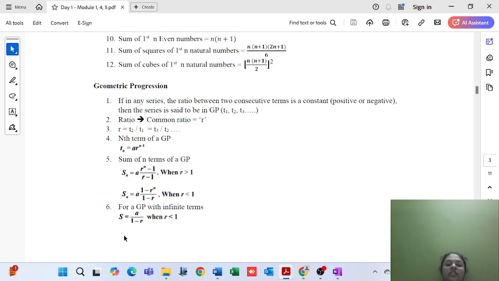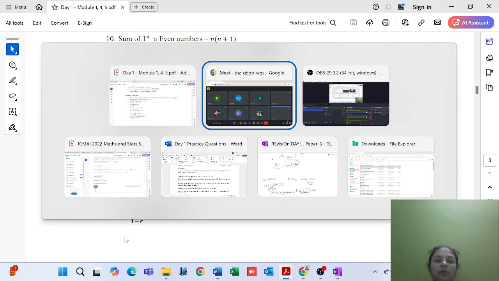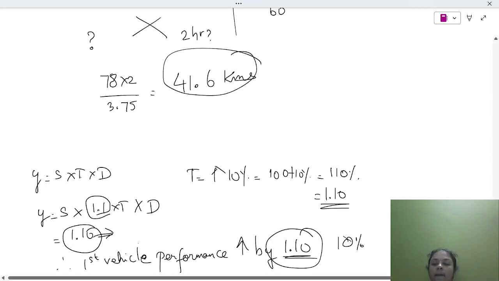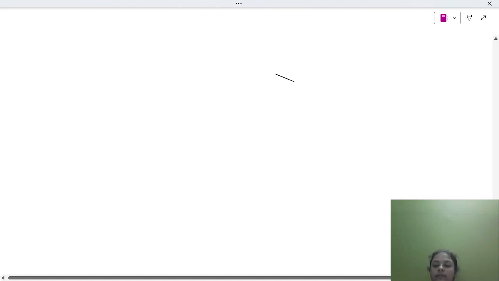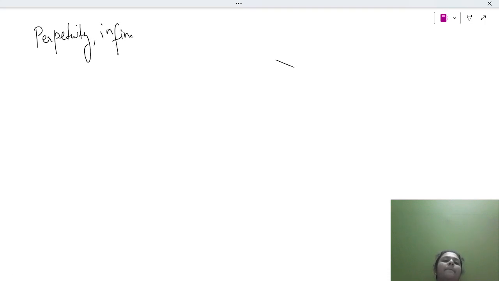And for a GP with infinite terms, where they have not given how many terms there are, they will use the word perpetuity. Please make a note of the hints. The words can be used as perpetuity, infinite series, infinity.